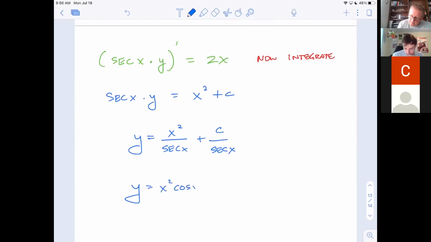So therefore, I don't have to write it as a fraction, and I get a trig function I'm more comfortable with, right? And of course, you're more than welcome to factor cosine out and say it's cosine times x squared plus c. That's of course fine too. It's like a trig function times a parabola. I mean, is it kind of a surprising answer?